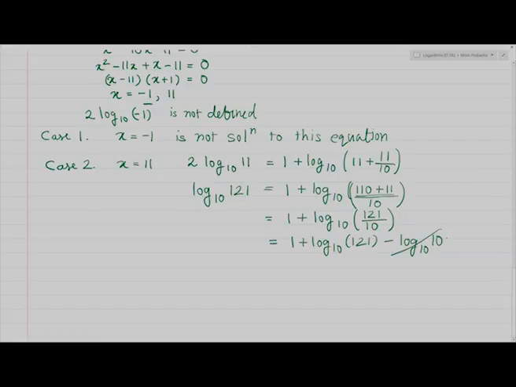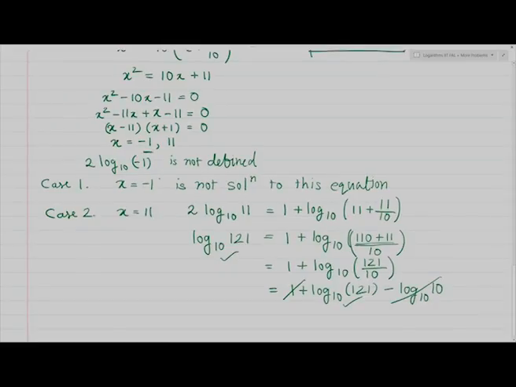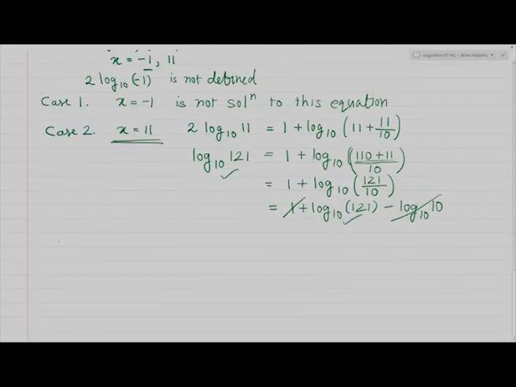Log to the base 10 of 10 is 1. So, it will cancel with this. Therefore, my LHS is equal to RHS and x is equal to 11 is the solution. So, the answer is x is equal to 11 is the only solution to this equation.